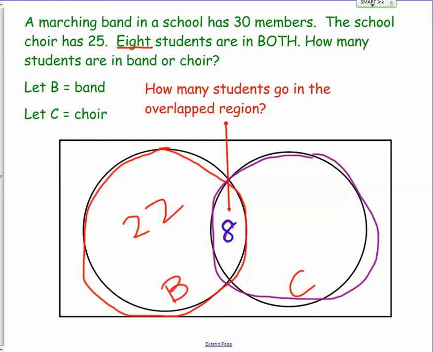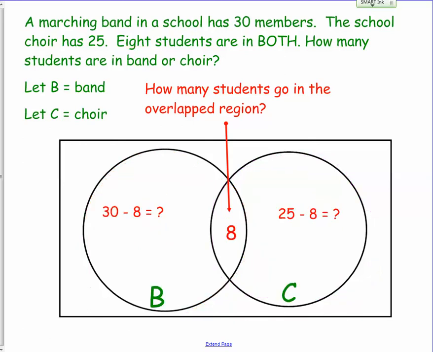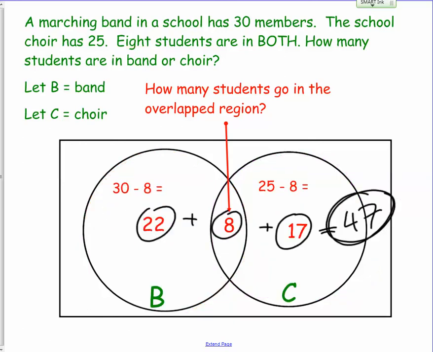And right now I have 8 in the choir circle. And 25 minus 8 is 17. So that's what you do to find out. And now if I want to know how many students are in band or choir, I add 22 and 8 and 17, and I get 47 students.